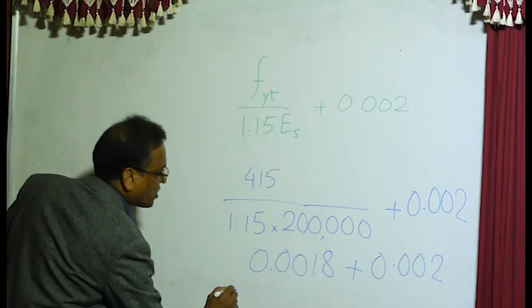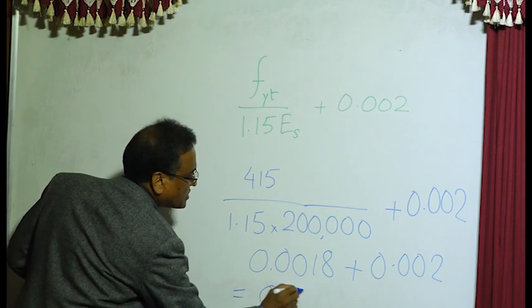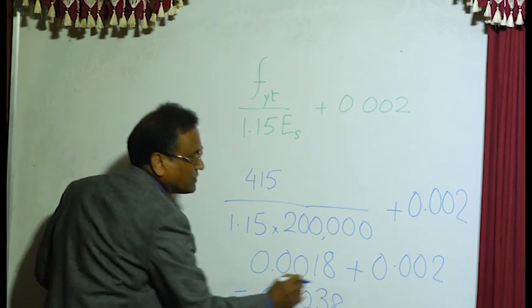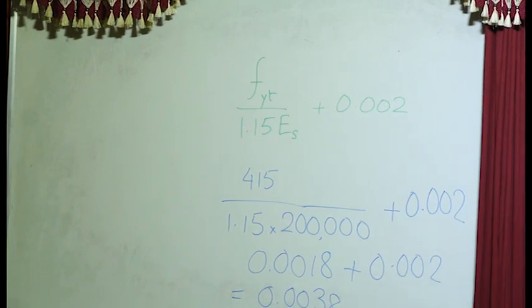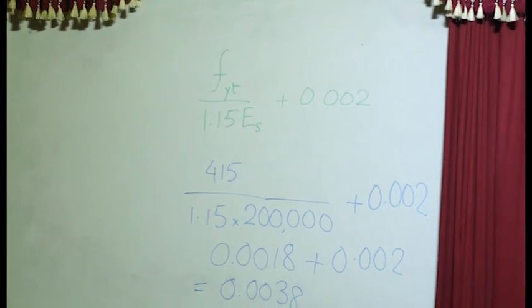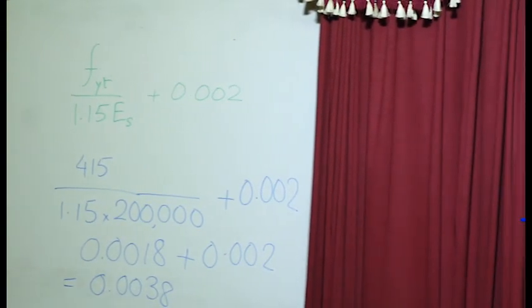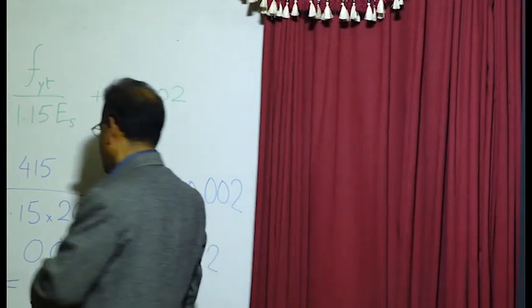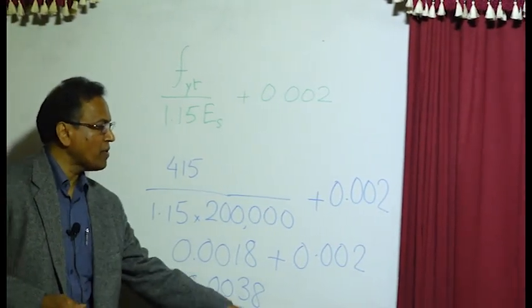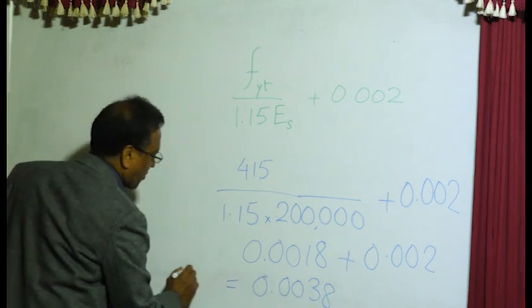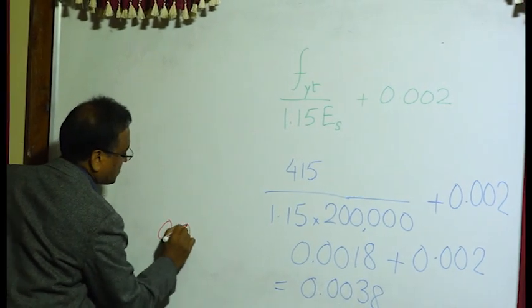So this will work out to be 0.0038. That is a little bit lower than what ACI requires. ACI requires the minimum strain to consider it a ductile member to be 0.004.